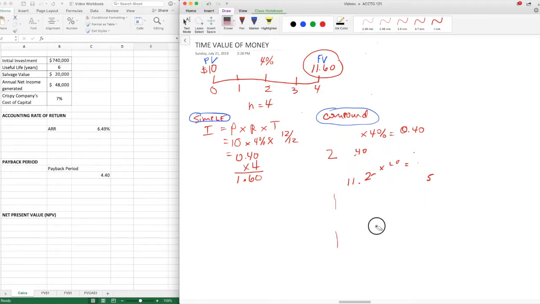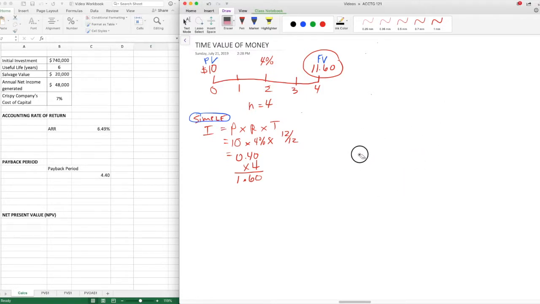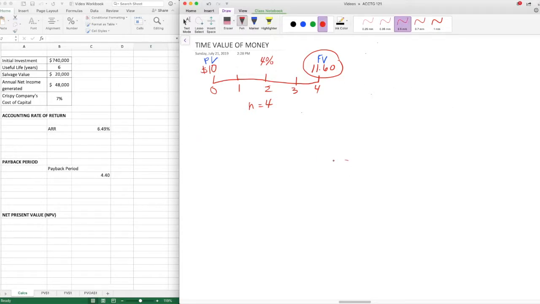So I'm going to get rid of this. All of these problems have 4 basic components. You have a present value, a future value, an interest rate, and a number of periods, a time.